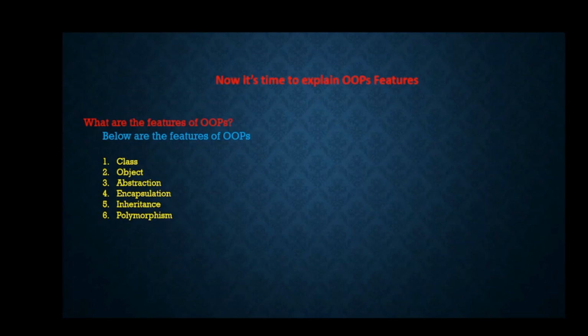If the same method performs one action at one point and some other action at another point, that is what is called polymorphism. We are going to learn polymorphism in detail.